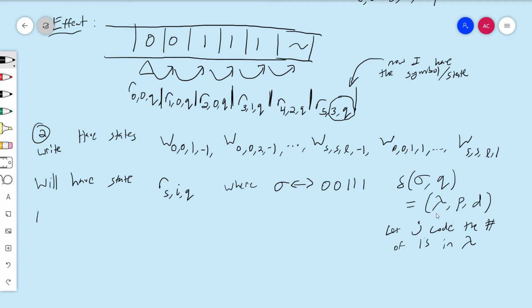So define delta prime of anything, 0 or 1, it doesn't matter what. I jam both definitions together. R S I Q equals 0 or 1. Just leave it alone.